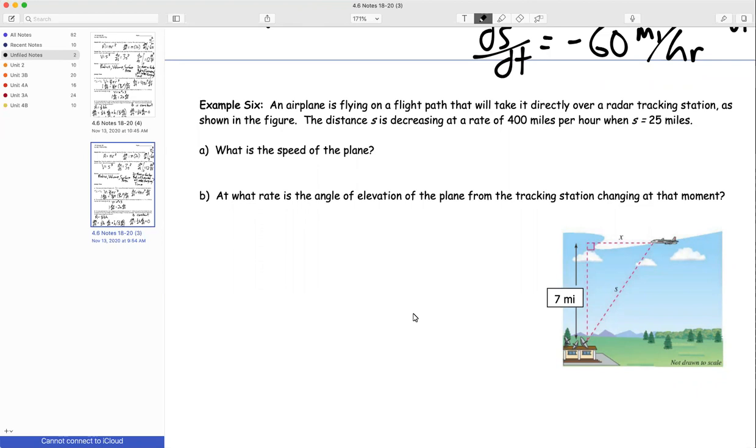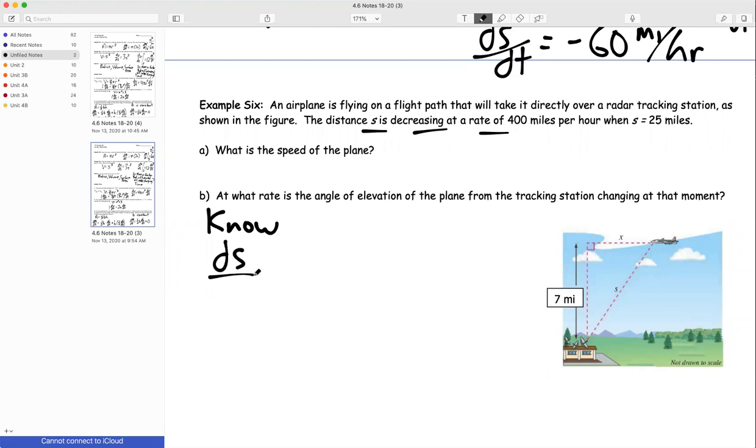So first thing that you should do on all of these is to write down what you know. The distance S is decreasing at a rate of 400 miles per hour, so that is a rate of change.